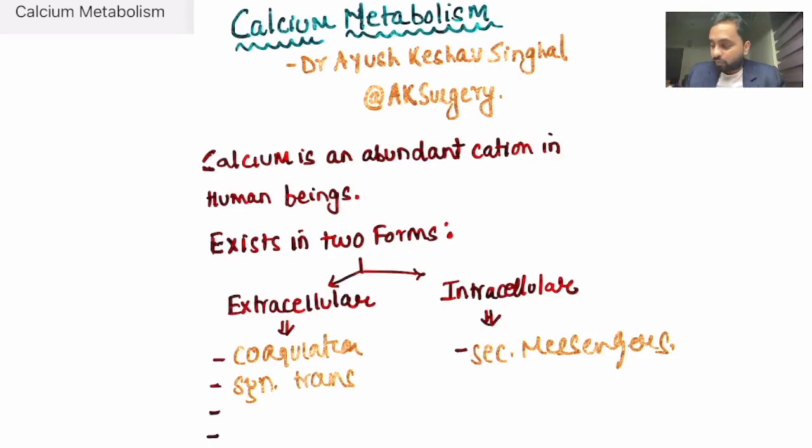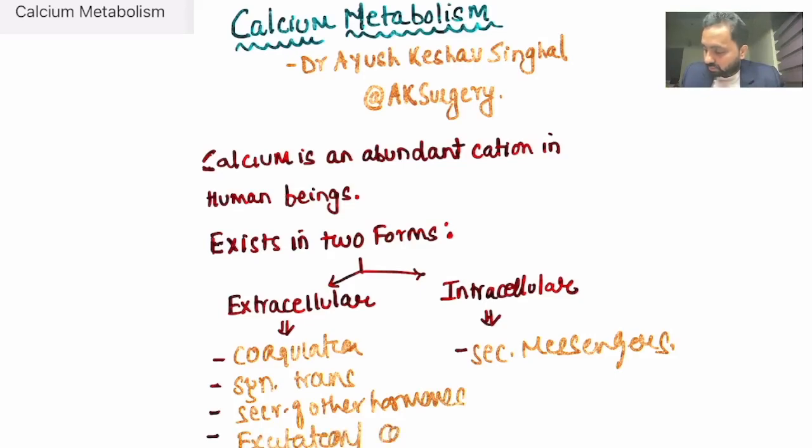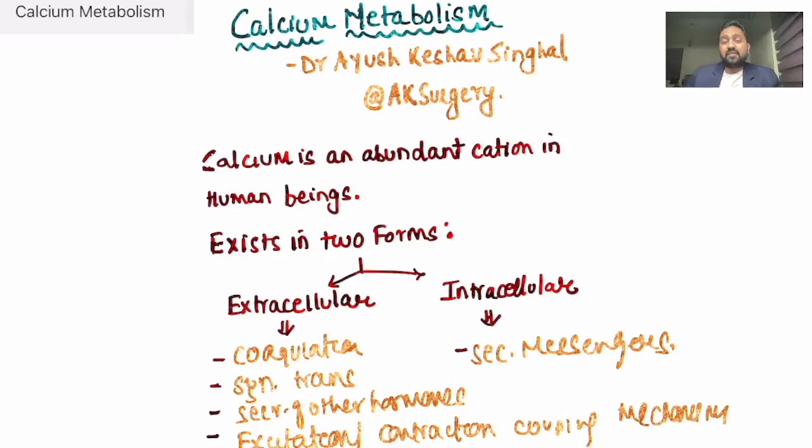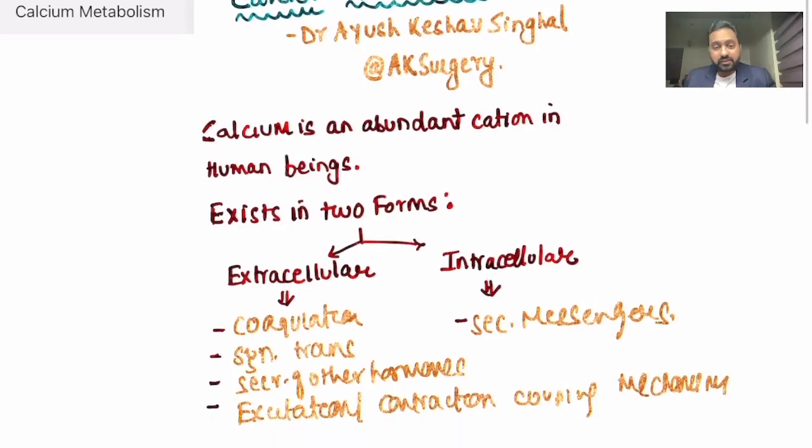Then it has a role in the secretion of other hormones, and it also plays a very important role in the excitation-contraction coupling mechanism, which leads to the contractility of the muscles.